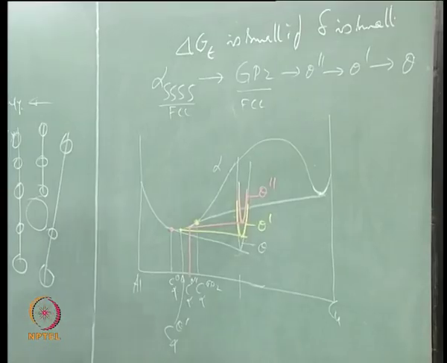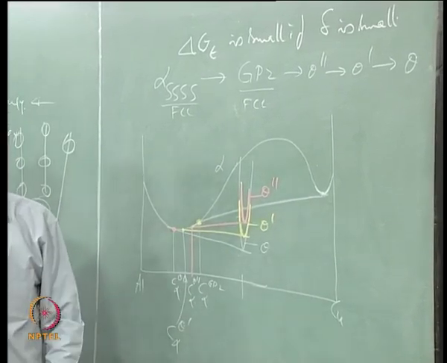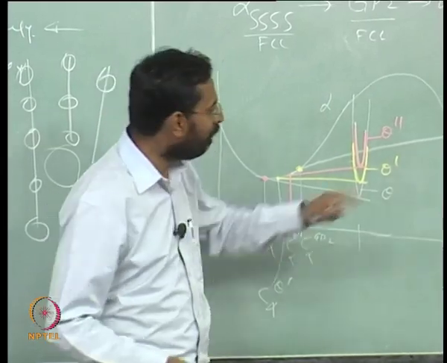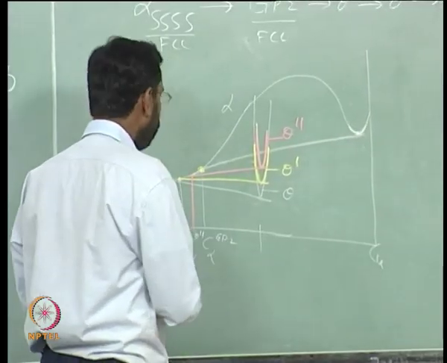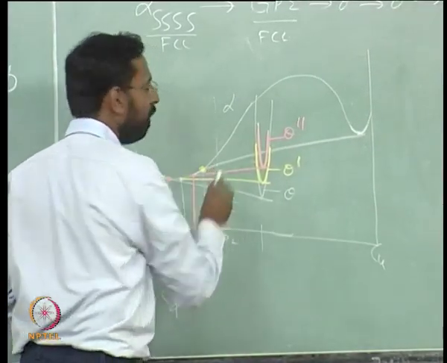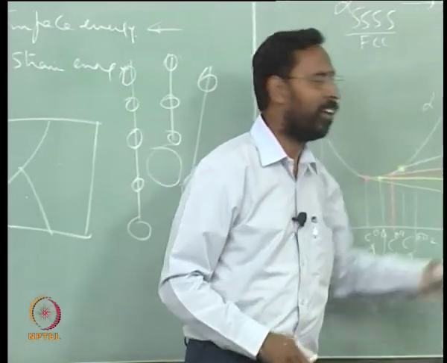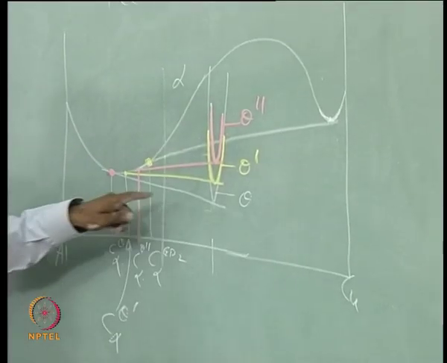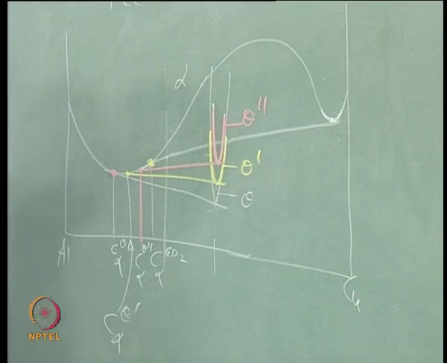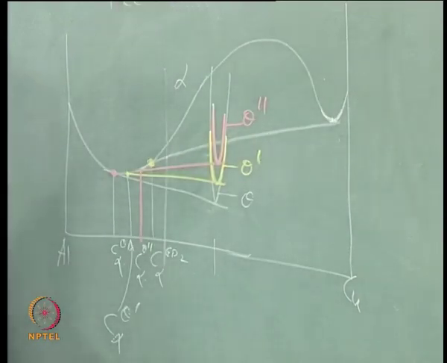For example, the way I have drawn it is higher than alpha. What is important is not whether that phase is higher. When I take an alloy of a particular composition, what precipitates is more important. You may be saying, sir, this should be lower than this for that to precipitate. It is not like that. You have to see it at that particular composition.